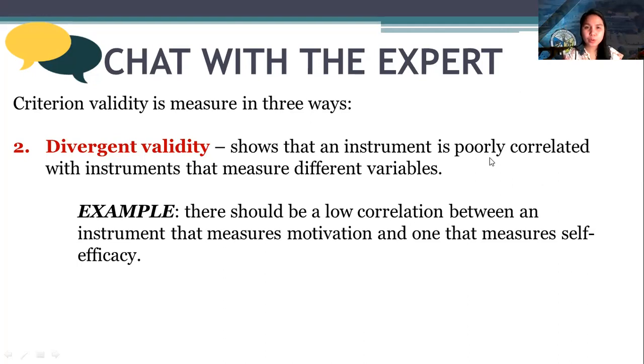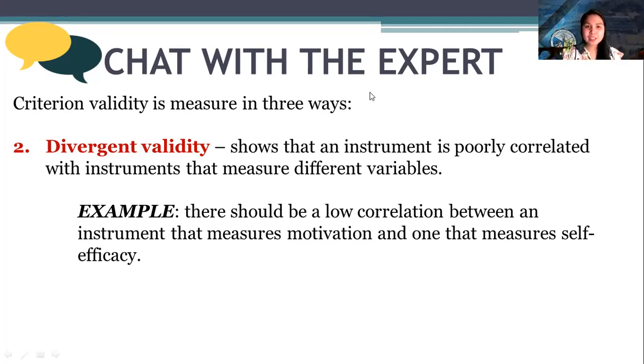Or we say, two different variables. Example, a while ago, mathematics attitude and student engagement. This variable and this variable are different. Therefore, the questions or the items must be different as well. It should be a divergent validity.